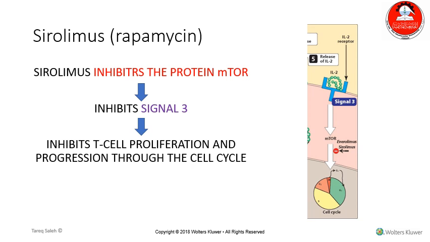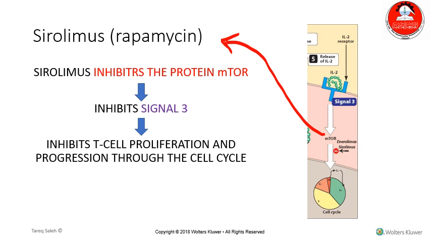So the drug sirolimus, or another name for that is rapamycin. Remember that mTOR is named after the drug. mTOR stands for mammalian target of rapamycin. So this is the protein that is the target for this drug, sirolimus or rapamycin.